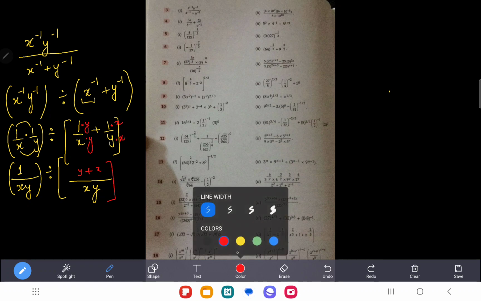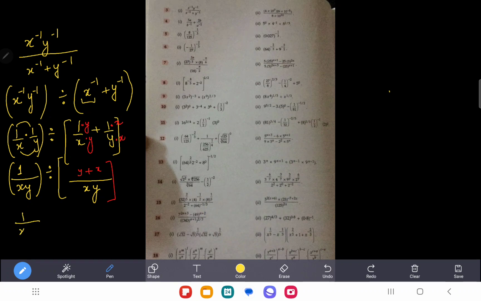So here it is becoming 1 over xy into, do you understand that we have to reverse this part? So it is going to become xy over x plus y. So xy cancels xy and you get 1 over x plus y. That's my answer.